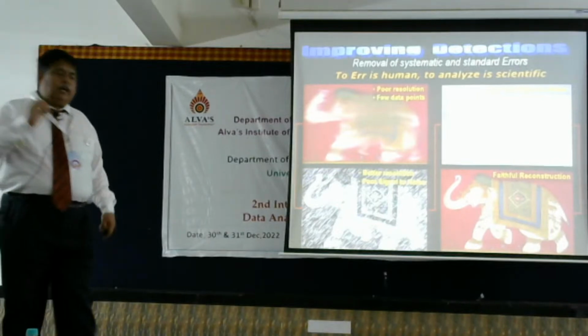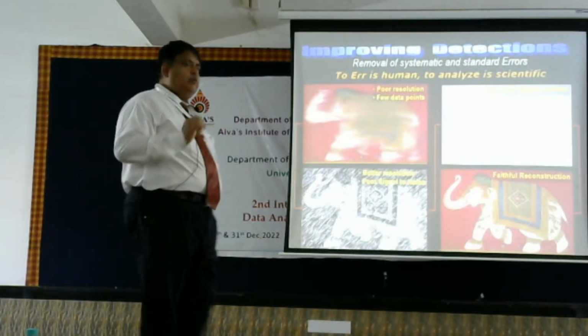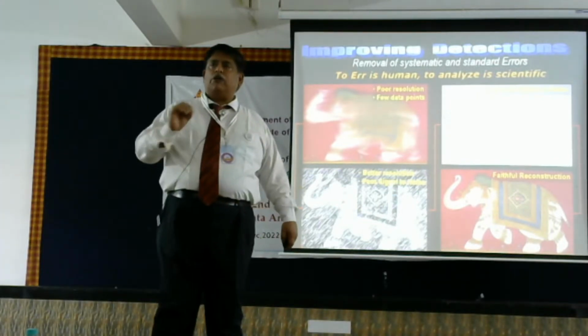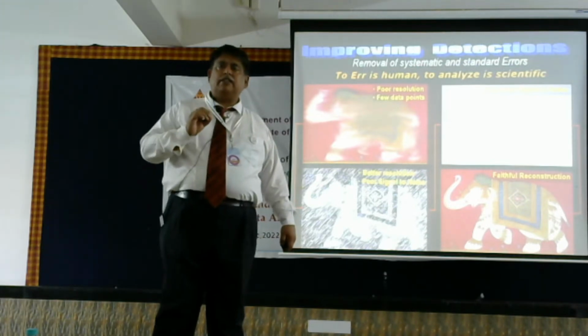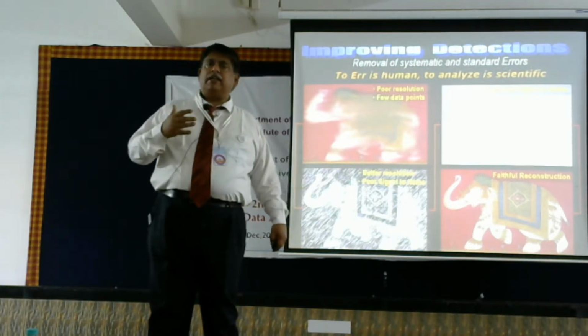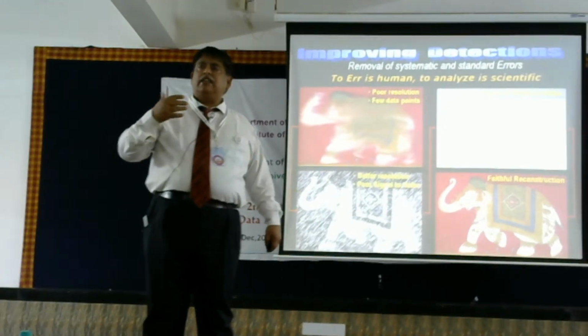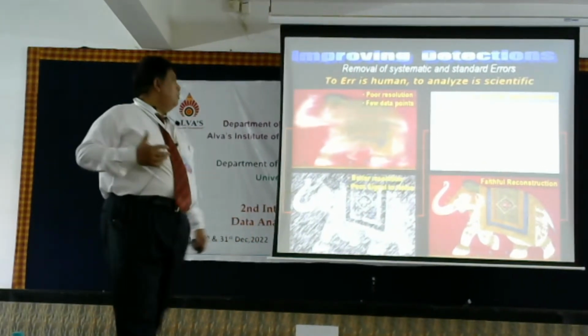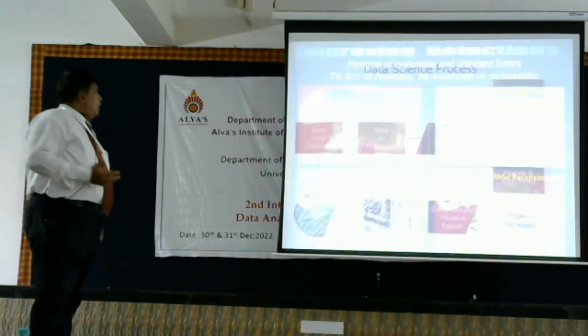So data comes with error, and the moral of the story is that one needs to remove the errors or try to estimate the amount of error and the confidence in the data that you are trying to figure out.